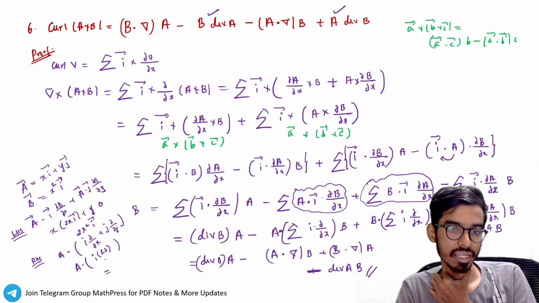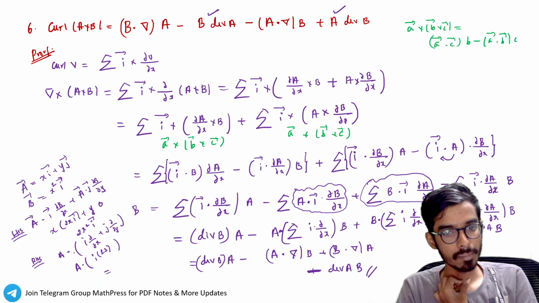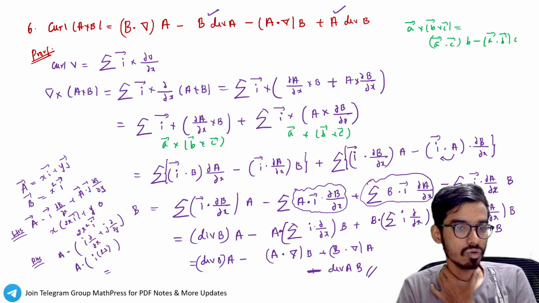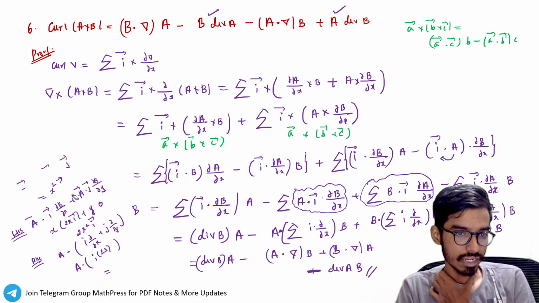And what about A dot del into B, right? First we need to find A dot del and then we need to find B. So you just apply A dot del into B. You will get again both. If you make a dot product with A again, you will get again this 2x square I, right?